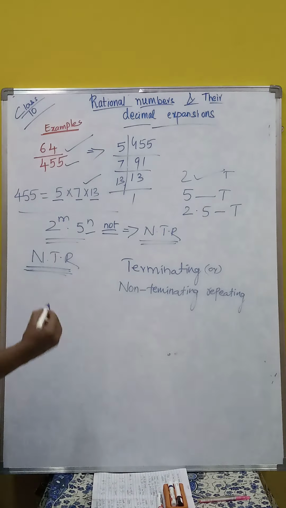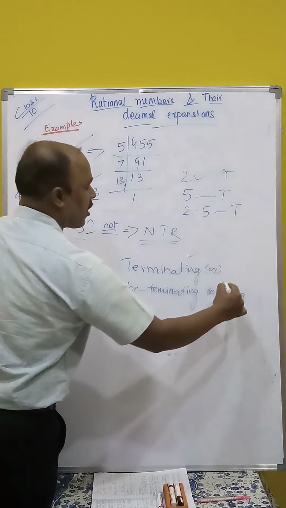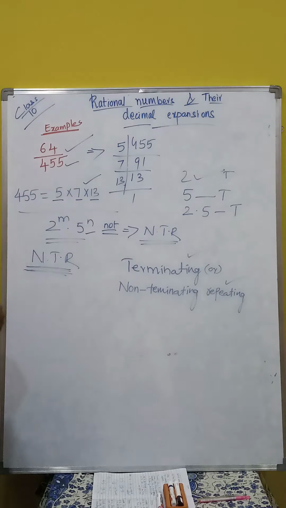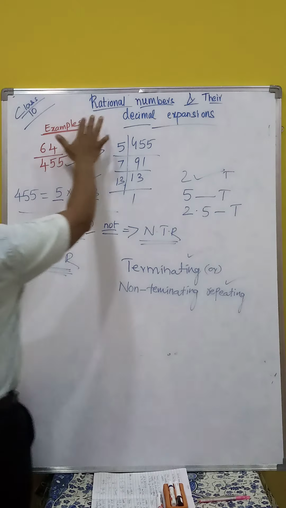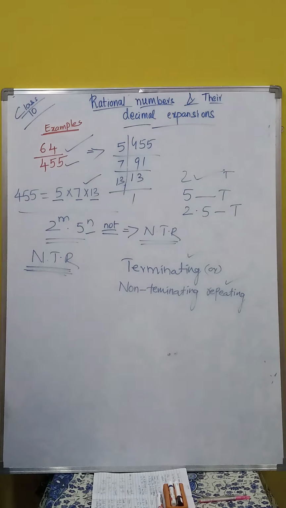Here we have only two, one is terminating, the other non-terminating repeating. That is the final concept in the real numbers chapter. That is rational numbers and their decimal expansions.